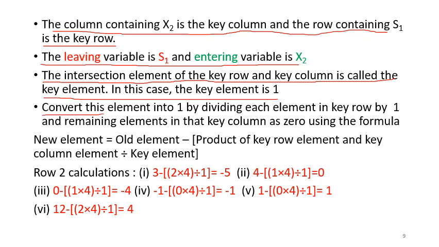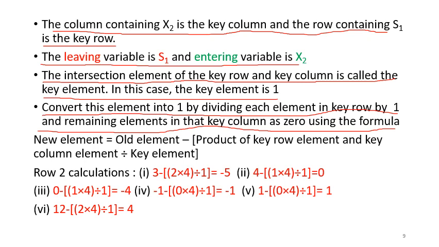Now convert this element into 1 by dividing each element in the key row by 1, and the remaining elements in that key column as 0 using the formula: new element is equal to old element minus the product of the key row element and the key column element divided by the key element. So you have to do the calculations now.